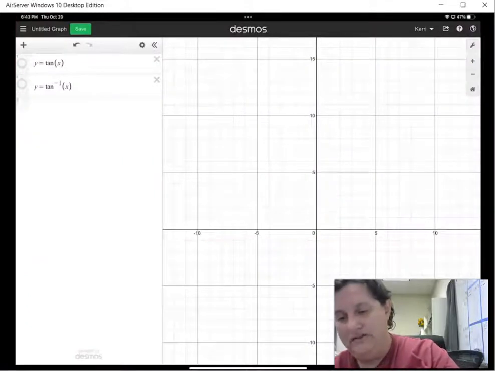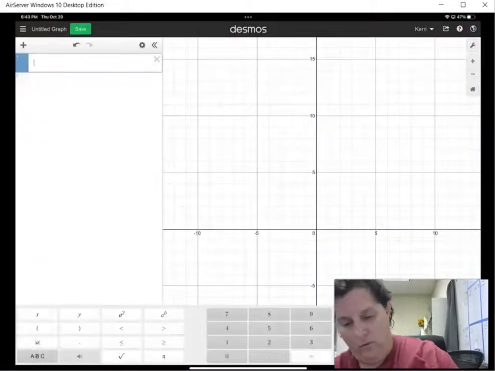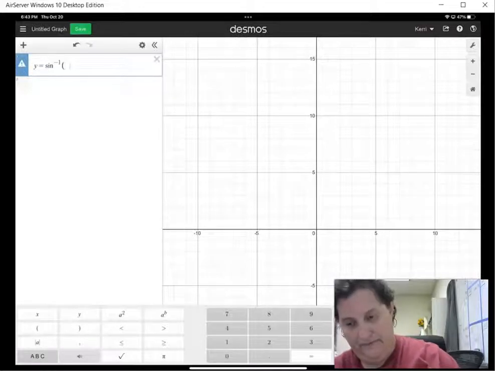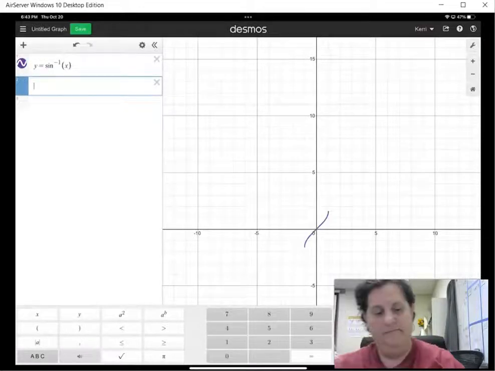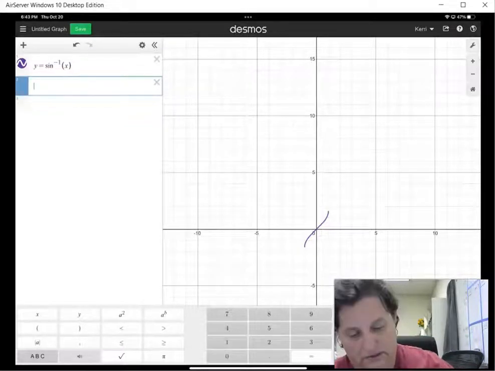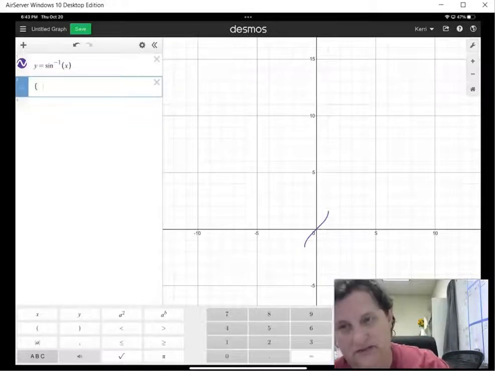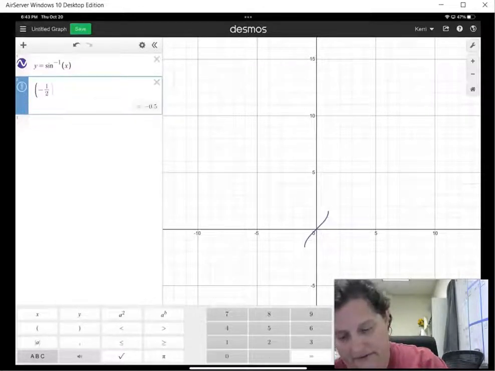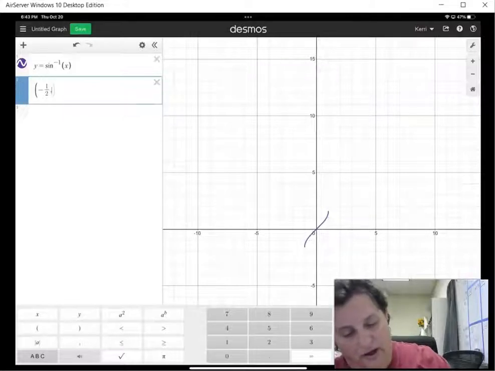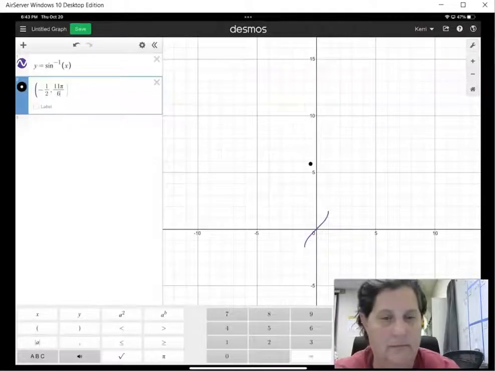On my arc sine graph, the point, if x is negative 1/2, comma 11 pi over 6. Dude, not on my graph.